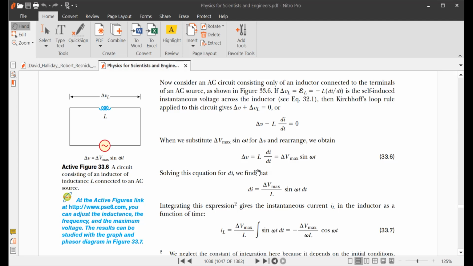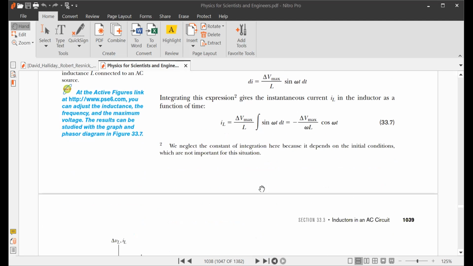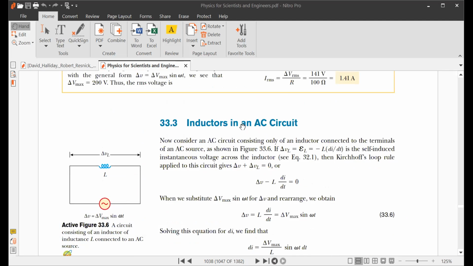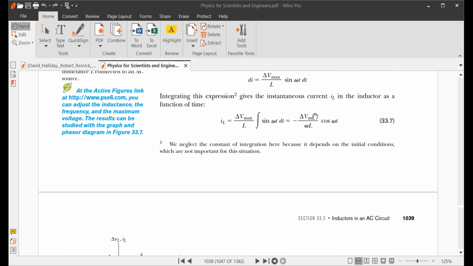In this case, delta VL is equal to delta V, so L di per dt equals delta Vmax sin omega t. If you integrate, you will get the current that flows through the inductor. Then we get this, 33.7.